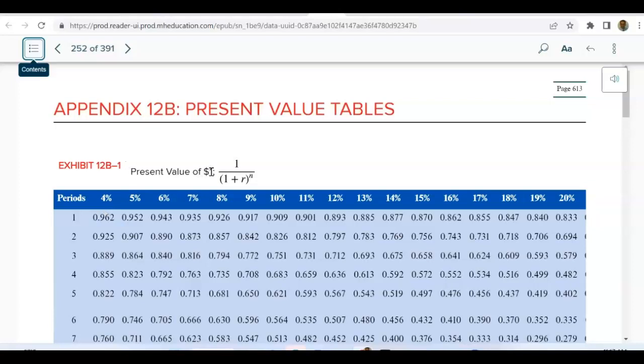No, not that, because it's just $1 one time. If you have a salvage value, then you use this table to bring the present value of that salvage value cash flow. But because it's just one time, we call it $1 one time. We don't want that right now.